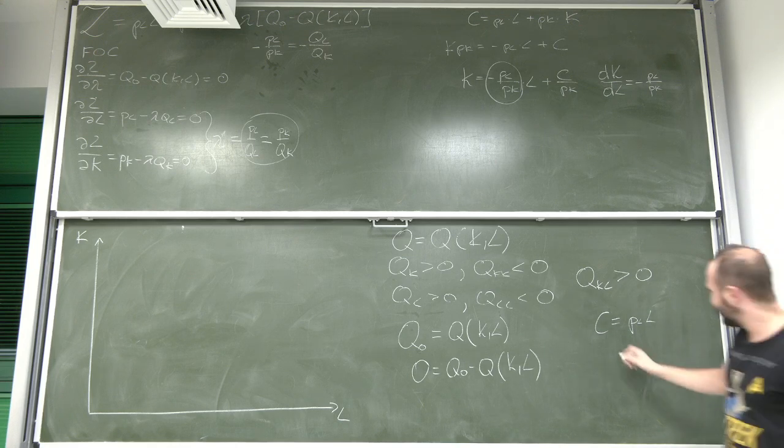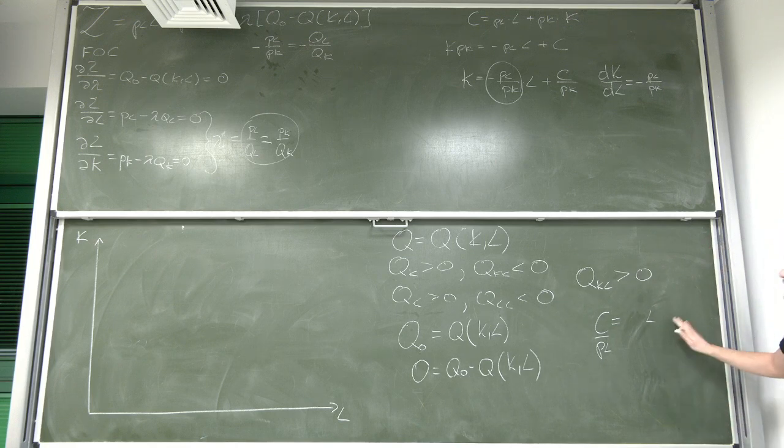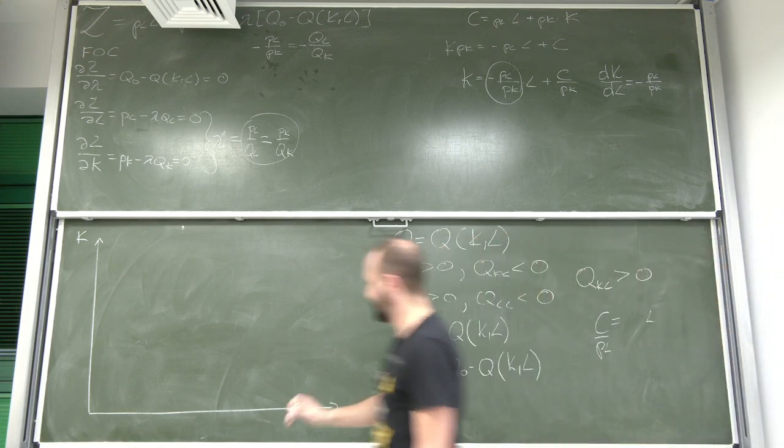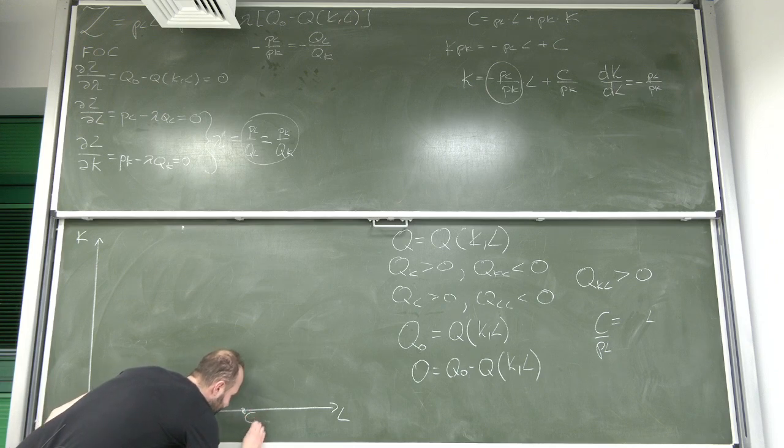So dividing C by PL would give us the maximum amount of labor we can get if we spend all the money on it. Okay, so let's just say it's somewhere around here. So here we have some C over PL.